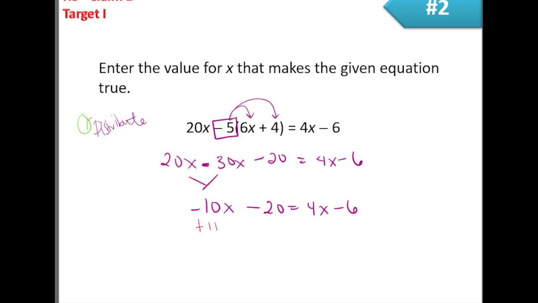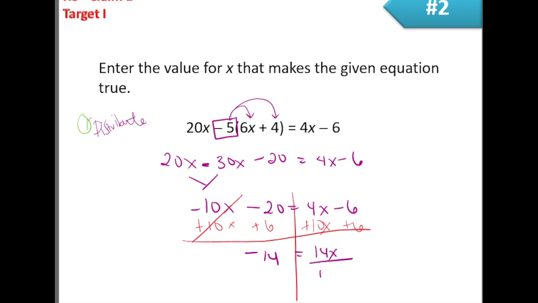So I'm going to move 10x to the other side. Remember, draw a line here so you can tell. I add 10x to both sides, and I'm going to move this 6 here to both sides, plus 6. So this cancels out. I end up with negative 14 is equal to 14x. Okay. And I divide by 14 to both sides. X equals negative 1.